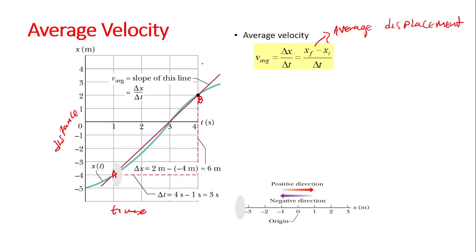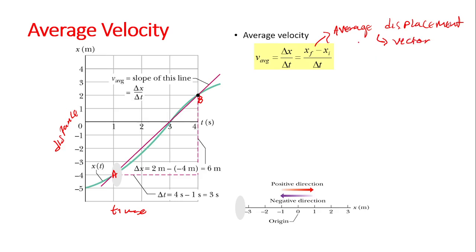Then for you to find the average velocity, you need to know the change in displacement. Because this is a vector quantity, you need to know the direction.